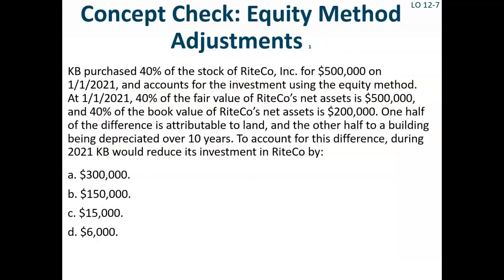Here's a concept check problem for you. KB purchased 40% of the stock of Rightco, Inc. for $500,000 on January 1st, 2021, and accounts for the investment using the equity method.